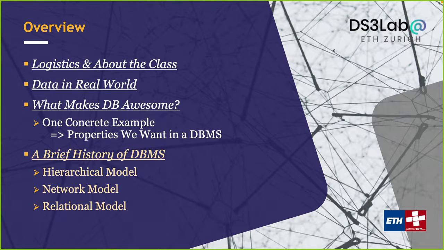Why do we talk about history? The reason is, if you look at those 4 properties we want to enable inside a database system, they are surprisingly hard to enable. People spent a whole bunch of time and a whole bunch of trial and error trying to understand those 4 properties. By looking at the history, you see the struggle this community had in enabling all those properties.